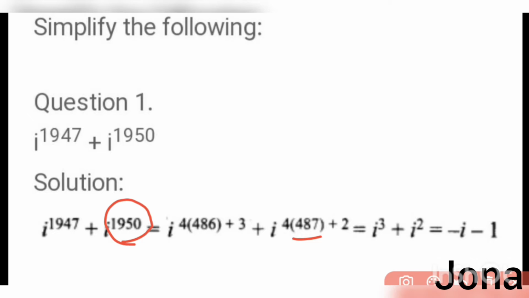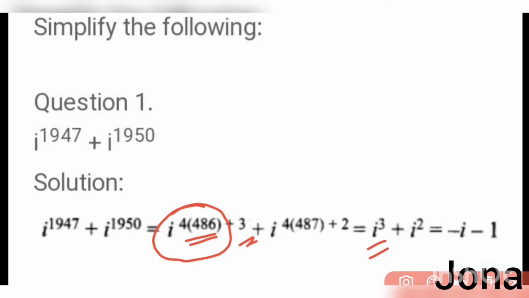Here, 4 times 486, the i power 4 value is 1, so the whole value will be 1. So i power 3 remains, and now we got the value of i power 3.